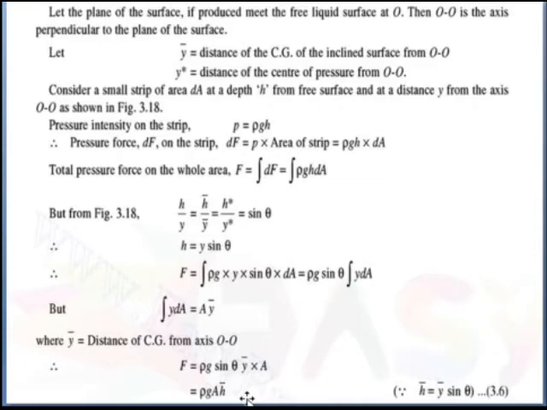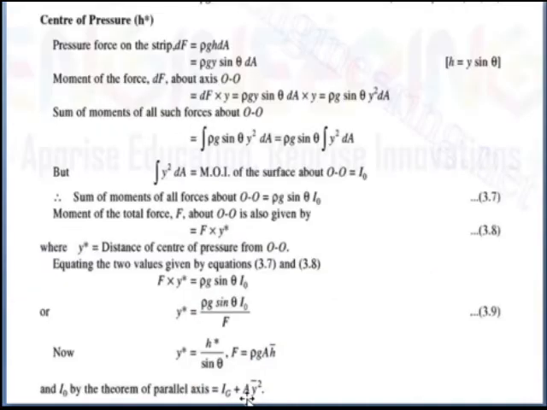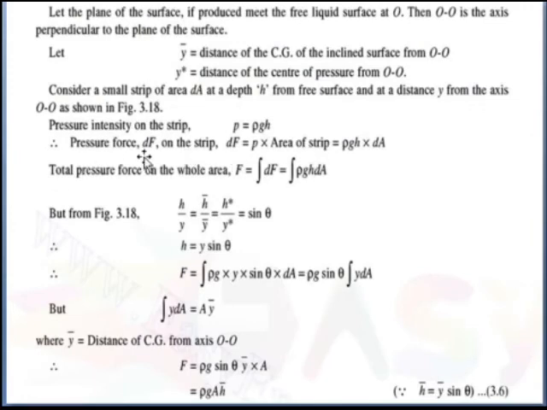Then we have to calculate the center of pressure, that is A star. For this, the force on the strip, that is dF, is equal to rho g h dA. Already we have calculated the pressure force on the strip.